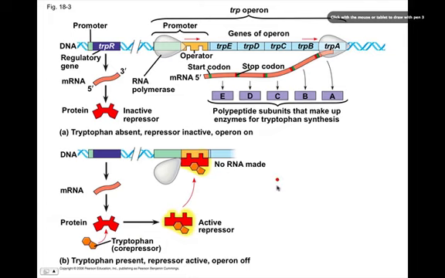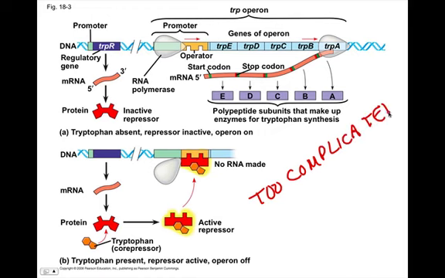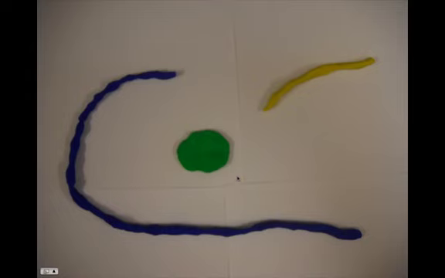The book tells this story, and the book's story is too complicated. We need to be able to get some take-home messages out of it, and so this is just going to be an attempt to do that. When we're talking about gene expression, here are the three main players. We've got DNA, and the DNA is going to be bound by an enzyme called RNA polymerase.